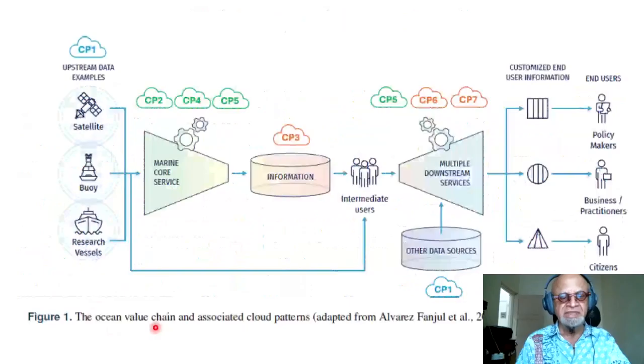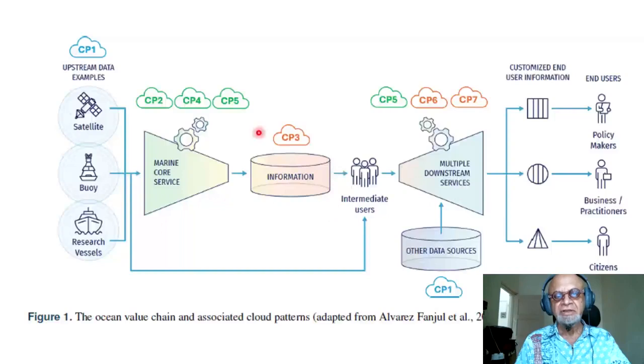So it works something like this: ocean value chain and associated cloud patterns. So upstream data examples, CP1 is there, satellite, buoy, research vessels we saw before. So that's dealing with the upstream data. And there are other processors, cloud computing patterns that are doing the community core service. This is a figure we saw before.